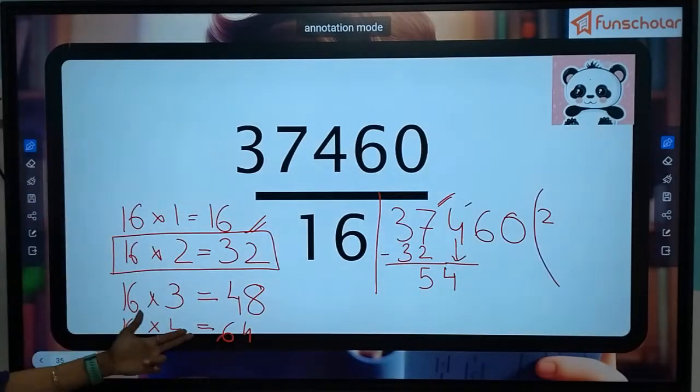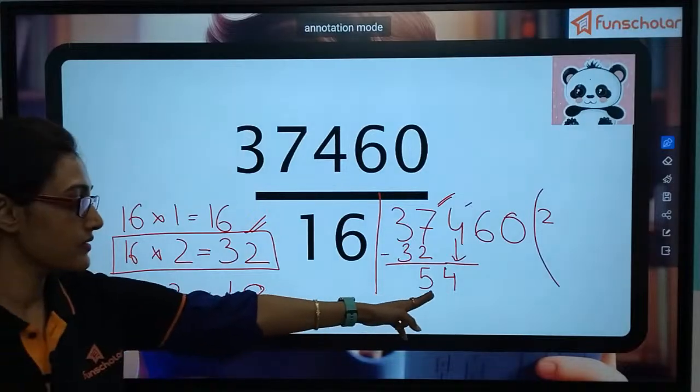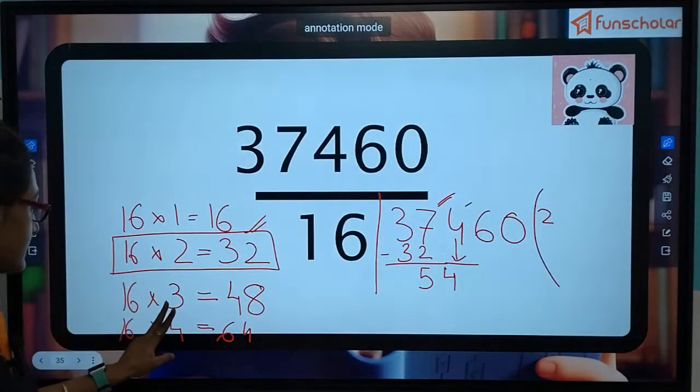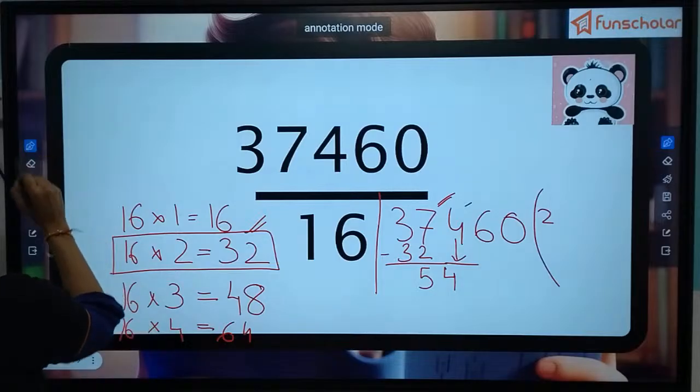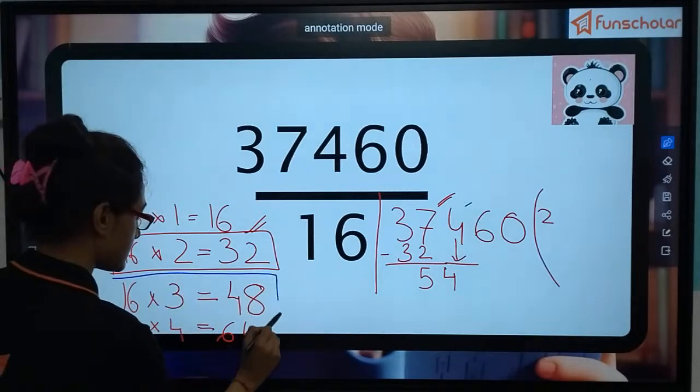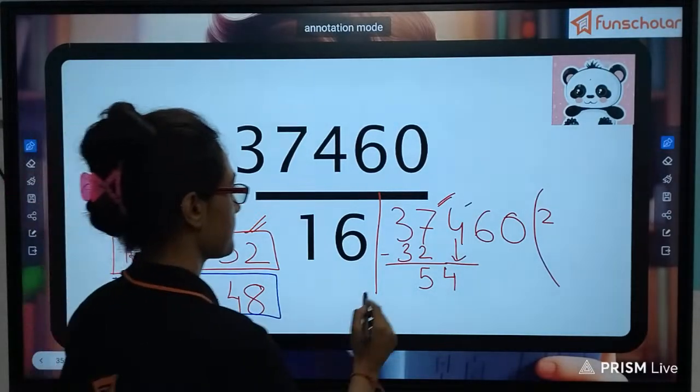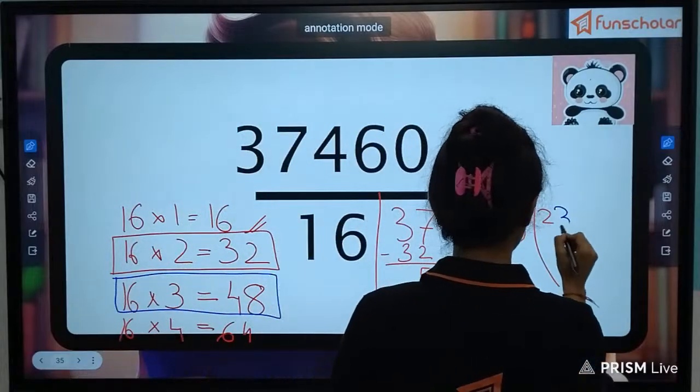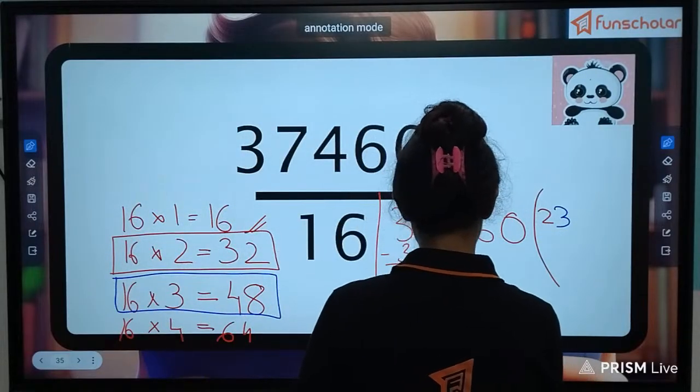Now see, 16 4s are 64 and here is given 54. So we will take 16 3s are 48 in the next step. 16 3s are 48.